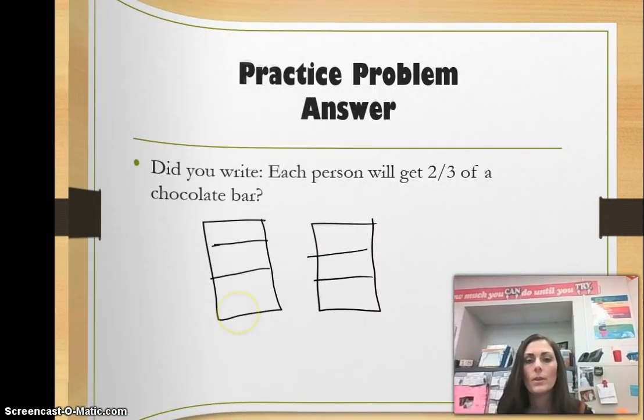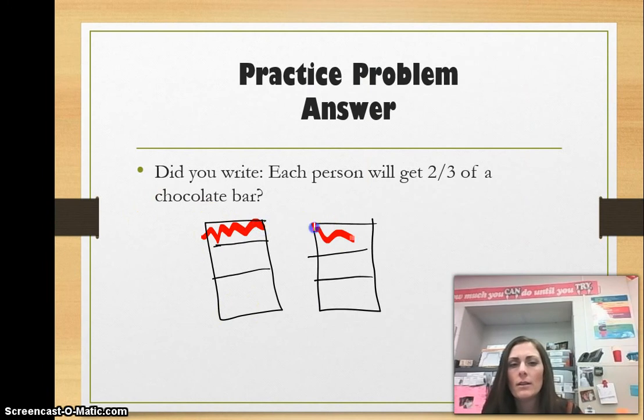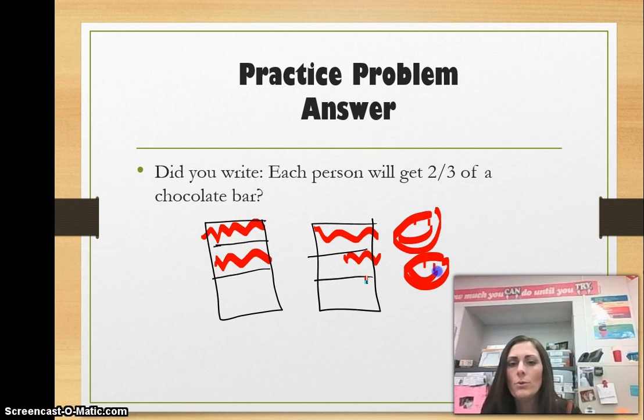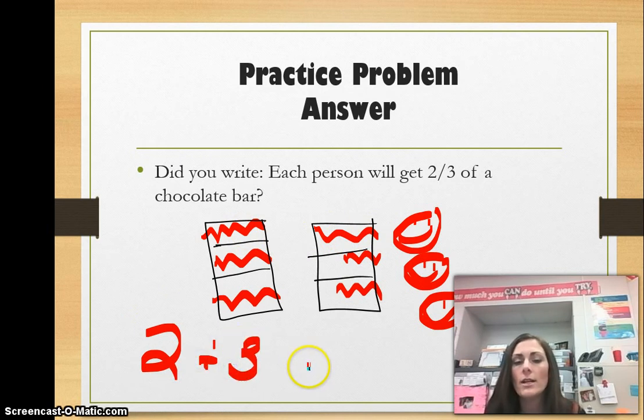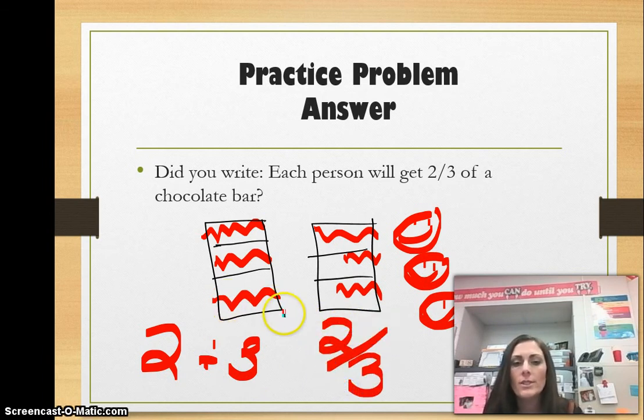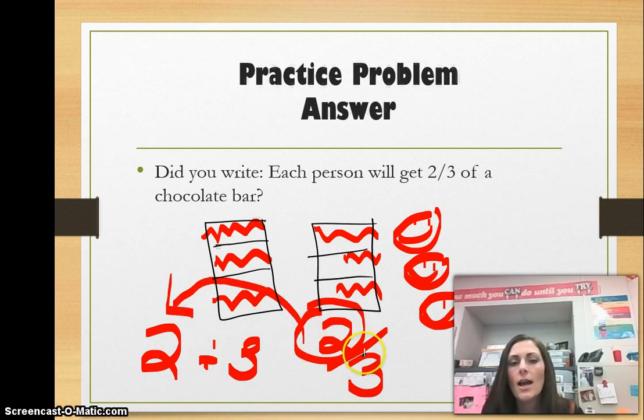So, here is going to be 1 person, 2, and 3 people. And they're all smiling. So that means that each person is going to get 2 out of the 3 pieces. So 2 divided by 3 is also written as 2/3. So you see that the numerator is the dividend and the denominator is the divisor.